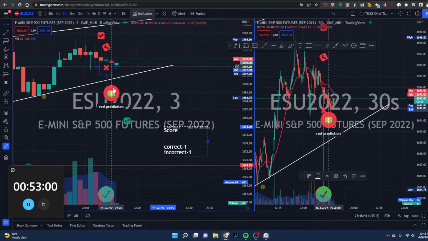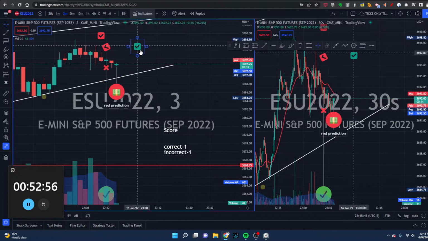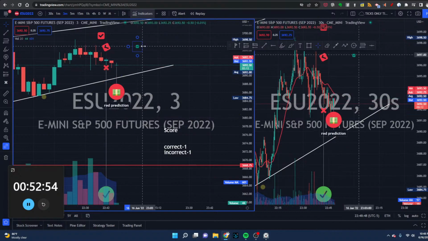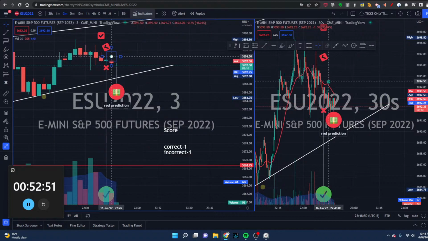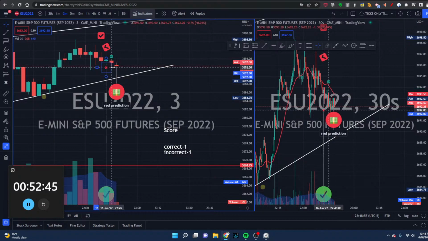Predicting this a little late. I'm still going to say it's red though. Yeah, we're still going to call this red.